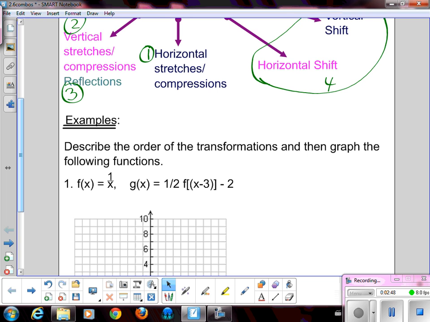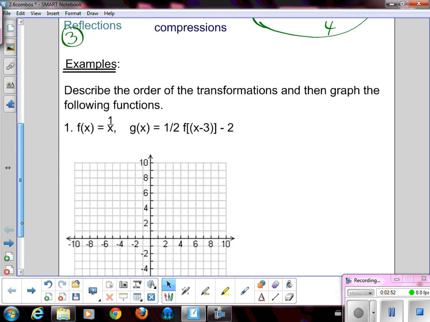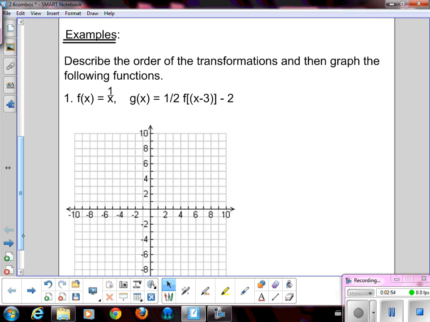Okay, so what we have is: describe the order of the transformations and then graph the following functions. So the first one, f of x is 1 over x. So we know that it's the reciprocal graph that we're looking at, and we're to apply the transformations to it. So first, remember we want to look at our compressions and items here.